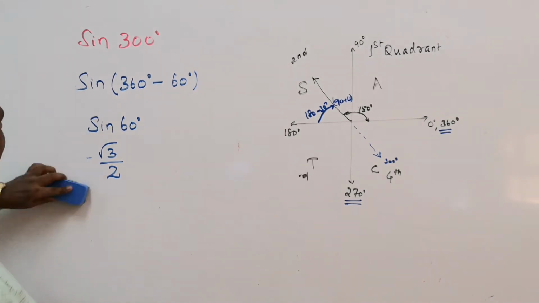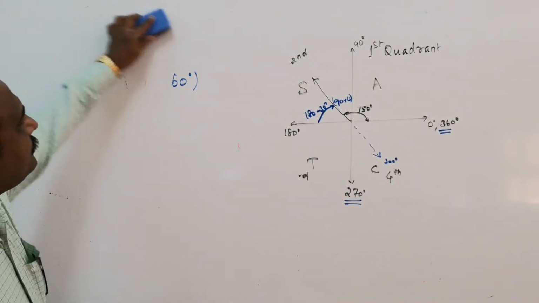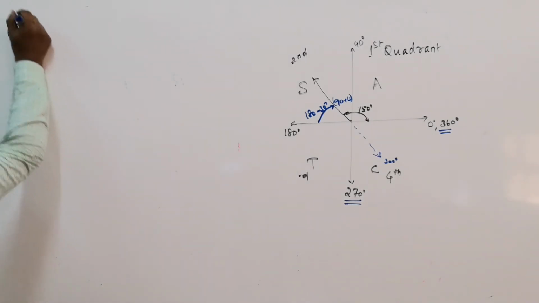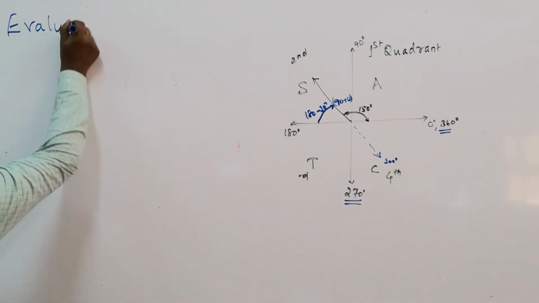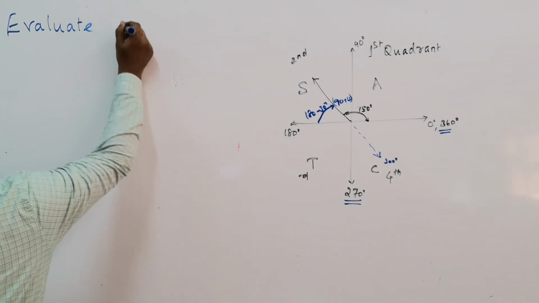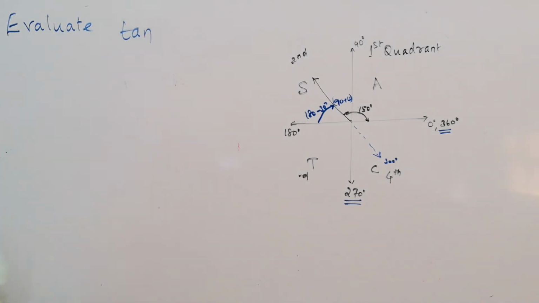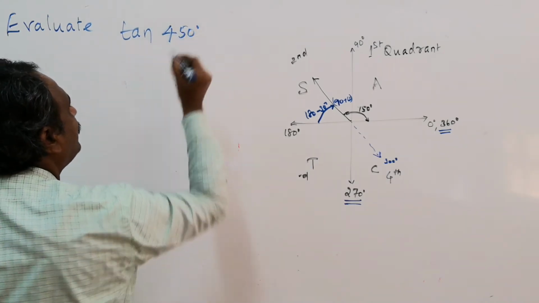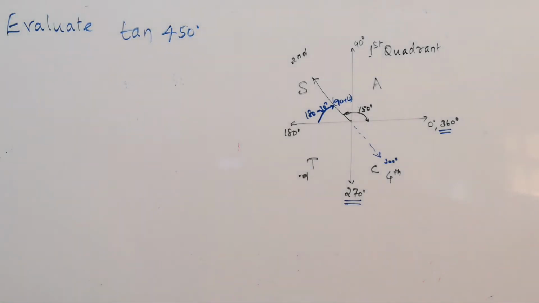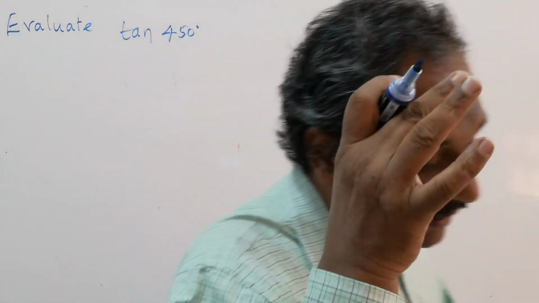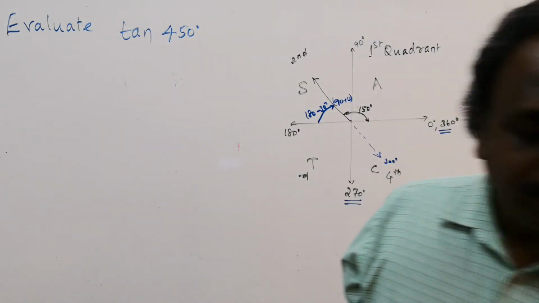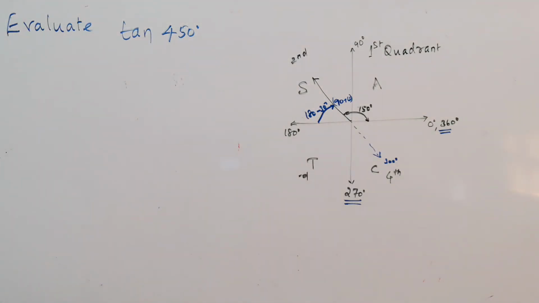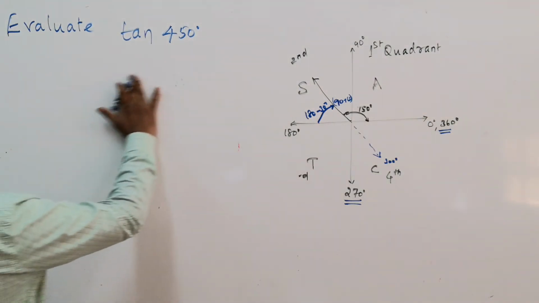For example, let me take one more example: evaluate tan 450 degree. Now how can I write 450?